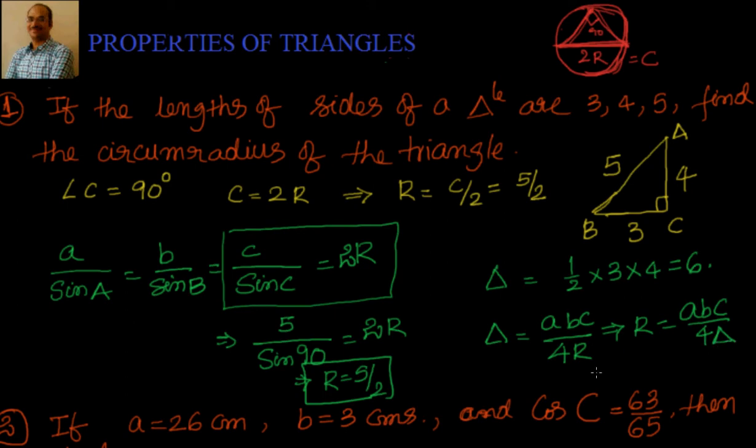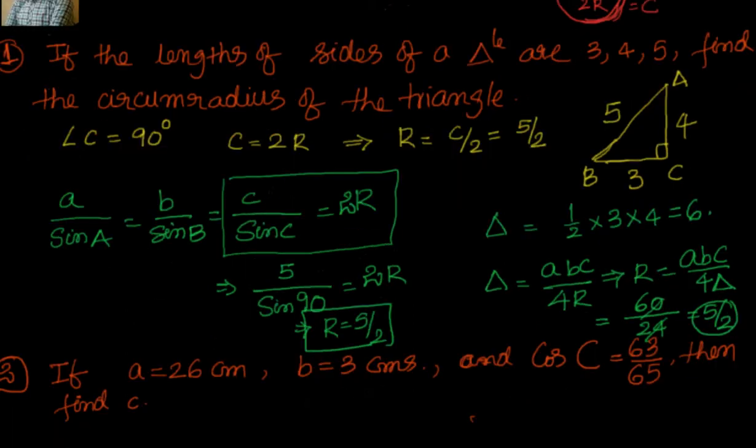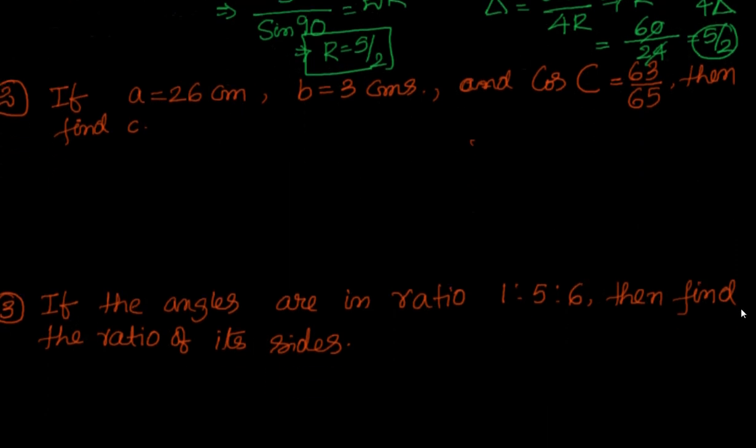Now let us substitute. The values are 3, 4, 5. You multiply them, it will become 60. And 4 into delta is 24. If you simplify this, it is equal to 5 by 2. So you have so many methods in which you can do this problem. Let's move to the next problem.